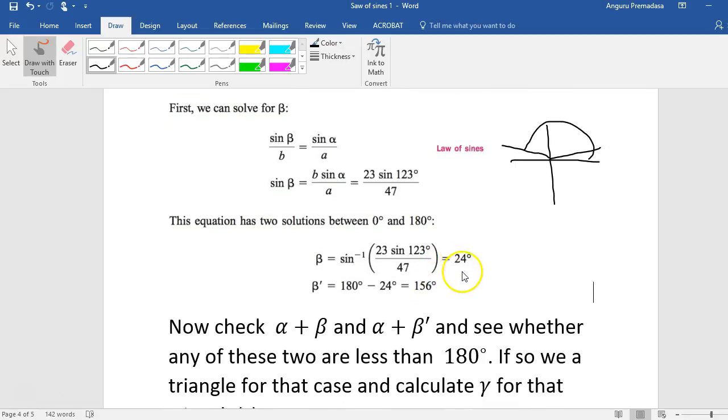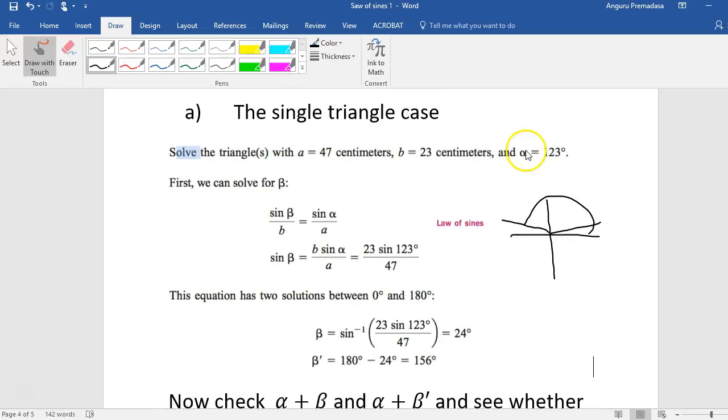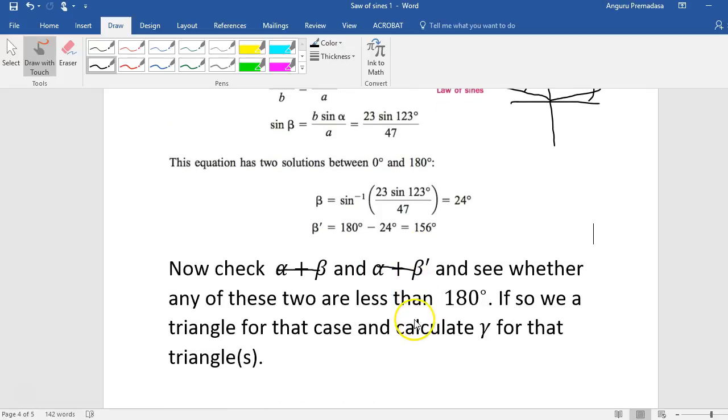What we do is look at the original given angle, alpha, and add each choice of beta to alpha, and check whether the sum is less than 180. If it is less than 180, that means there is space for a third angle, the gamma angle.